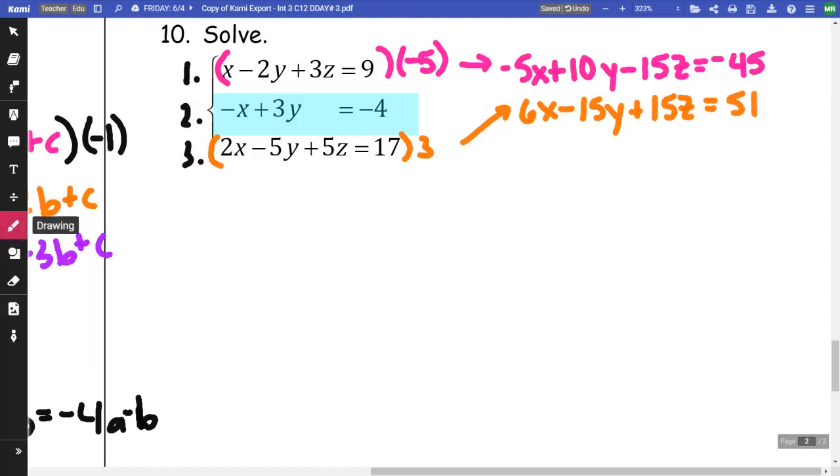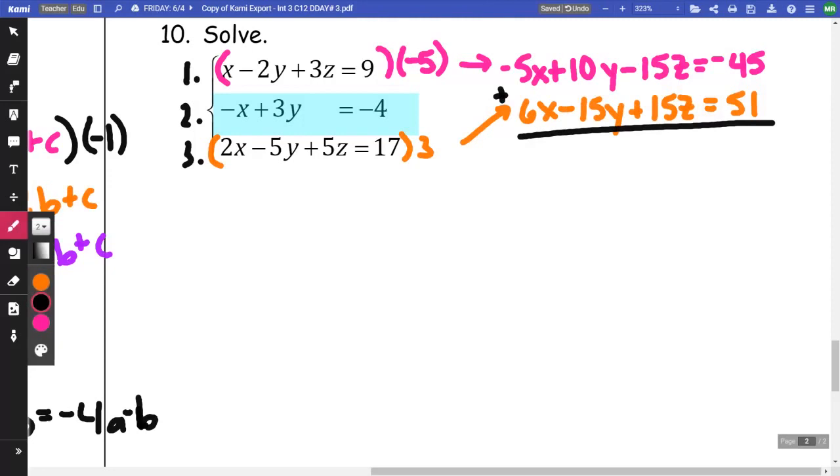So I'm going to add these together. And when I do, I am going to end up with x minus 5y, my z's cancel out, is equal to 6. So I'm going to take that equation and equation 2, and I'm going to solve that system.